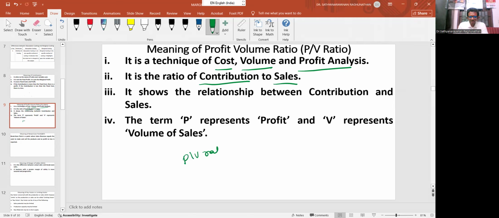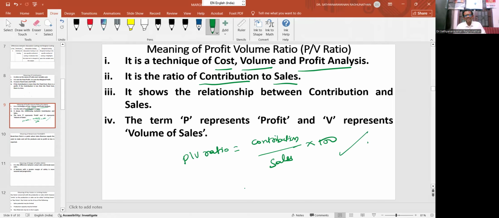PV ratio formula. This is the standard formula for PV ratio: contribution divided by sales into 100. That is what is called contribution to sales. Out of the amount that you have sold the product for, how much is the contribution?